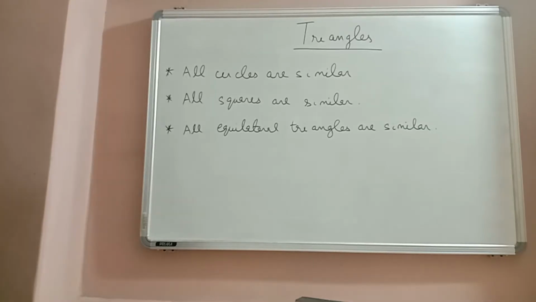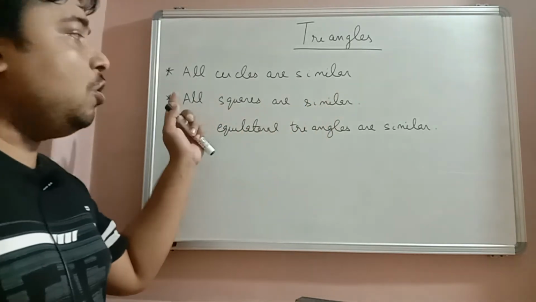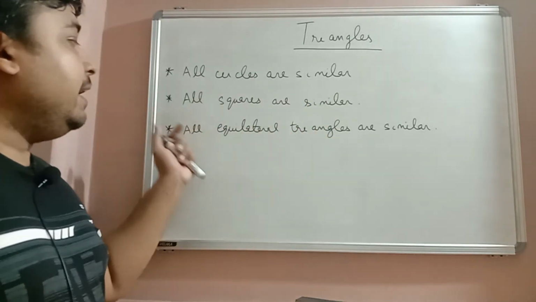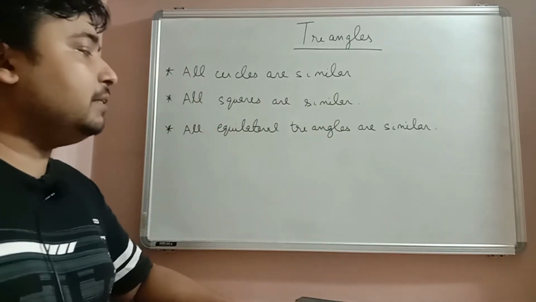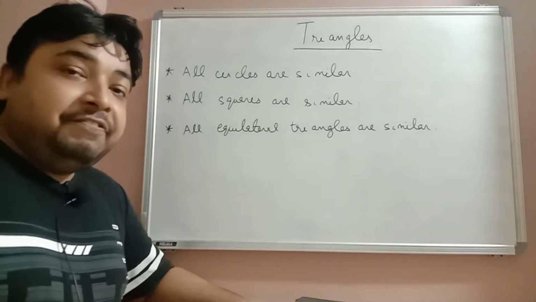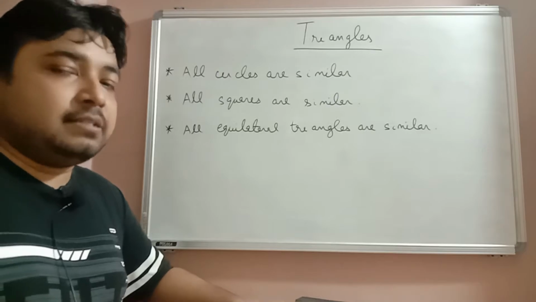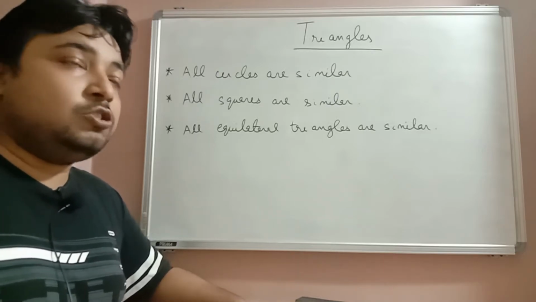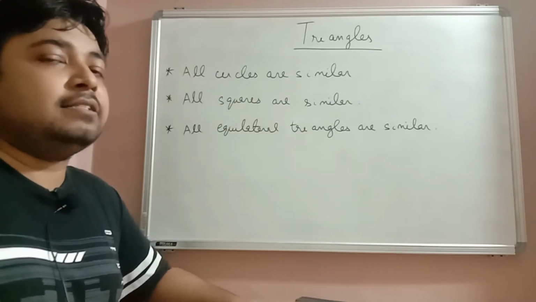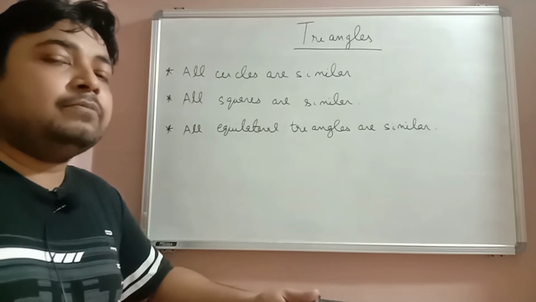So we conclude that all circles are similar, all squares are similar, and all equilateral triangles are similar. Now if we talk about rectangles, we cannot say that every two rectangles are similar, because it is not necessary that two rectangles have the same shape.